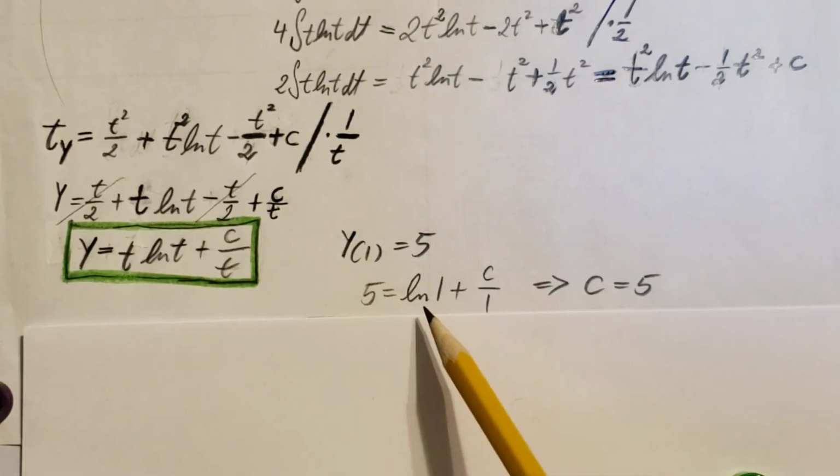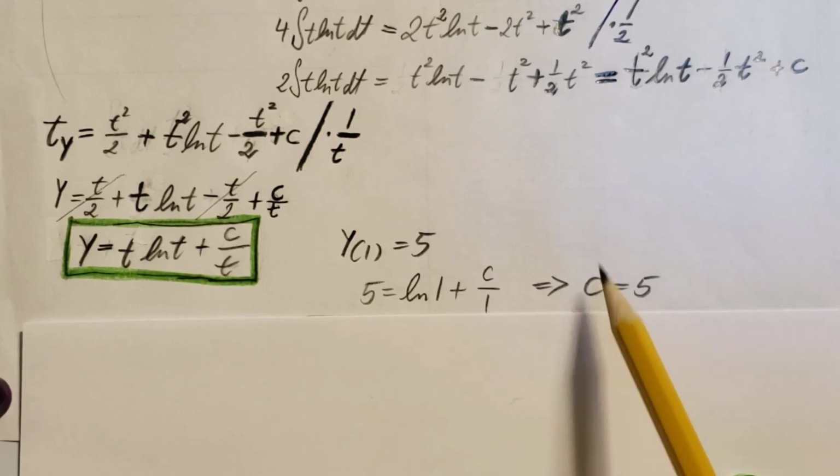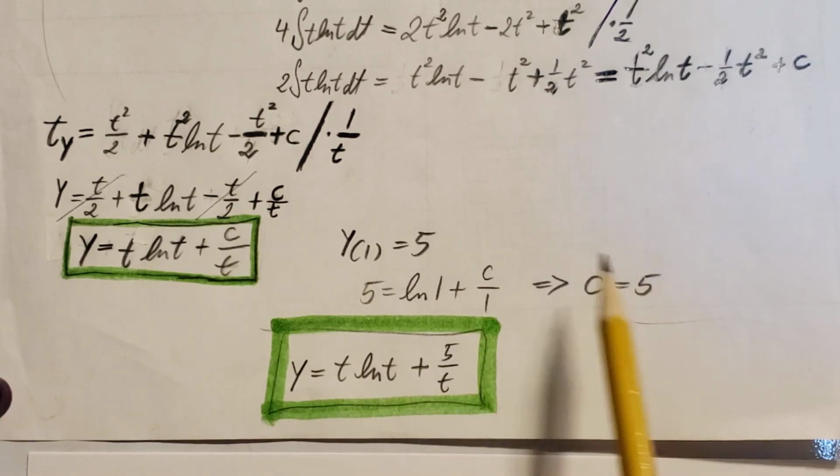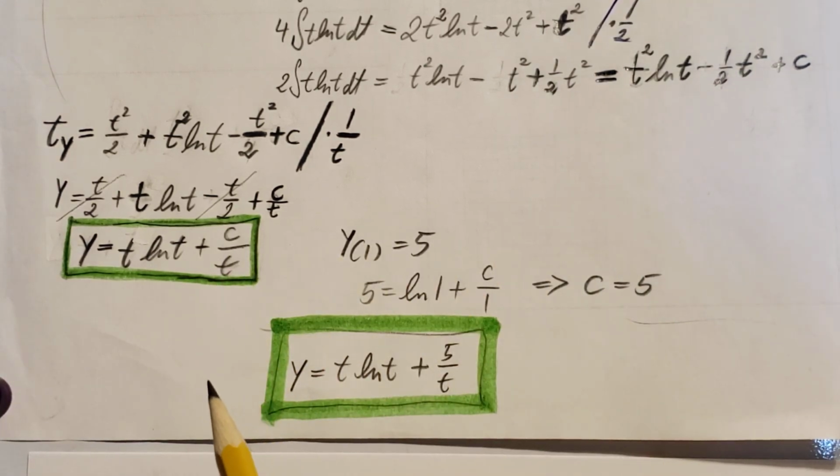After cleaning it up, we can see that we finally found c, which will be 5, and by plugging back into this equation, we can find that y equals t ln t plus 5 over t. And that is our final answer.